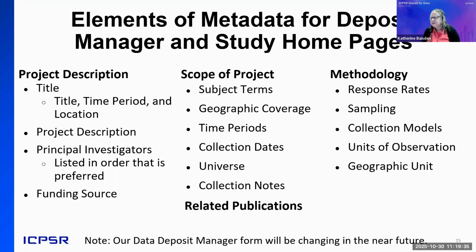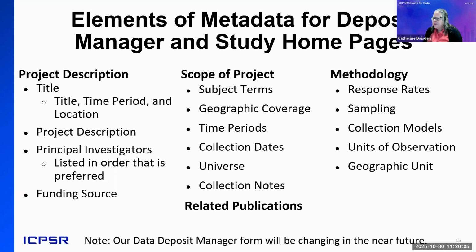Principal investigators. Please list your principal investigators in the order that you would like to see them published. If you don't, and you decide this is not the order I like, it takes a little bit of maneuvering to go back and redo that information. And also funding source, whether it's a federal agency or a foundation or any other funding source that you may have.